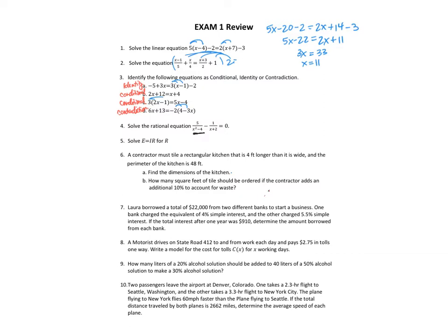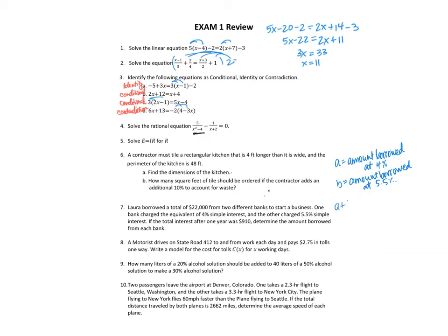So let's let A be the amount borrowed at 4%, and let's let B be the amount borrowed at 5.5%. Simple interest.